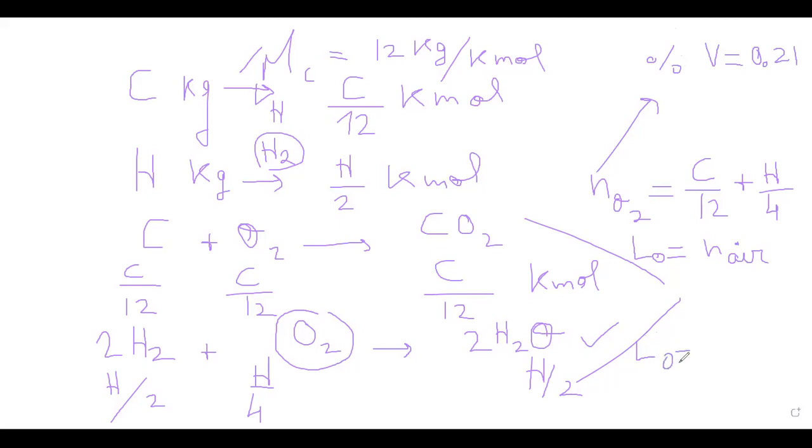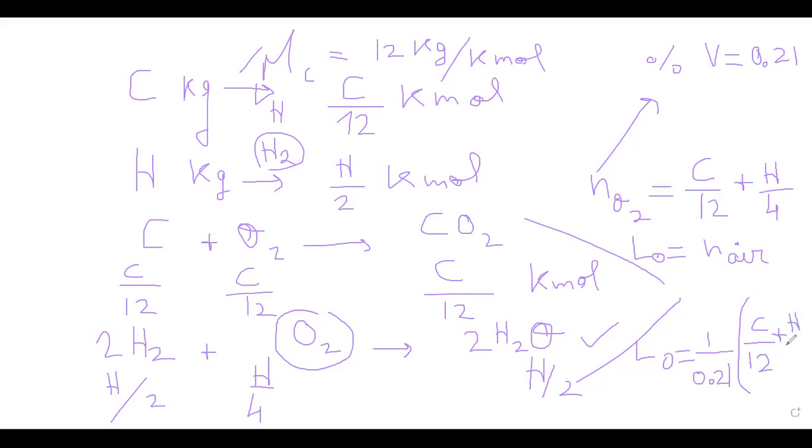Okay. So we can just say now that the quantity of air required, so L0, is just 1 over 0.21 times C over 12 plus H over 4. So this is the number of kilomole of air required for the combustion of 1 kilogram of fuel.